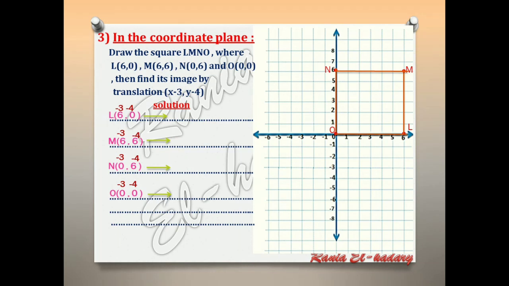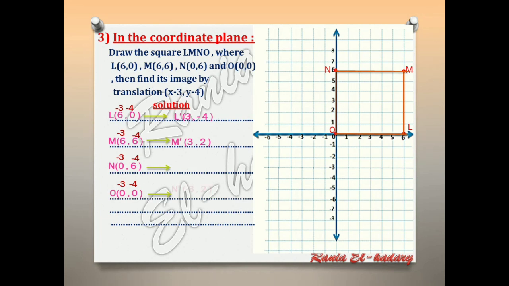The image of L is L dash. 6 minus 3 is 3, and 0 minus 4 is -4. So the image of L is L dash equals (3, -4). Find the image of all points. M dash equals 6 minus 3, 3, and 6 minus 4 equals 2.